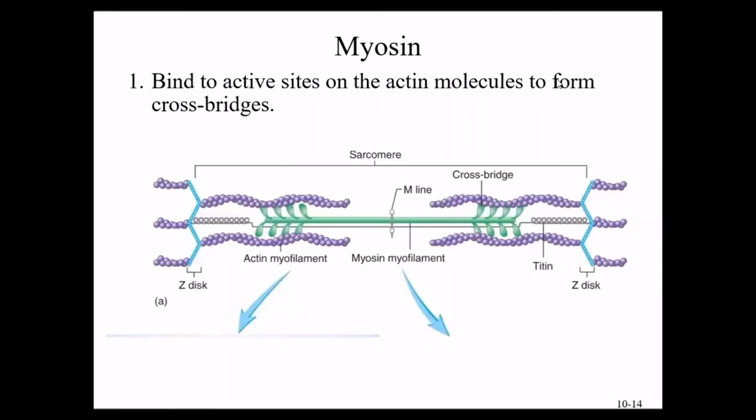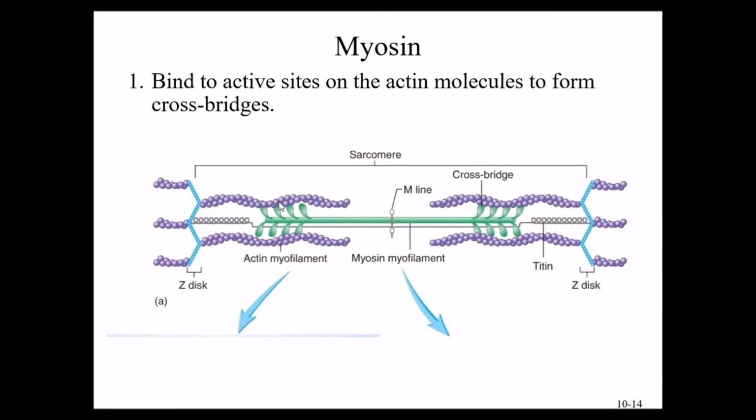The second type of myofilament that you're going to find in muscle fibers is called myosin. And myosin does a couple of things. One is it binds to the active sites on the actin molecules. And so again, if you look at the sarcomere diagram here, you've got the actin myofilaments in the double helix. Then you have the myosin that runs along the length here.